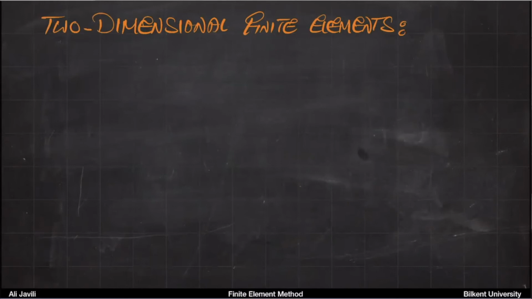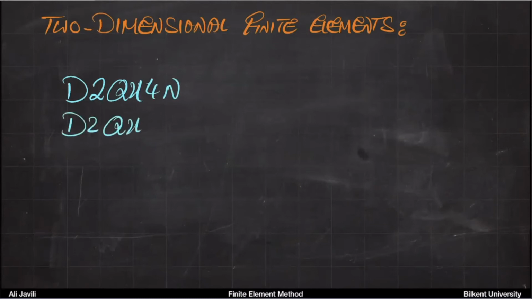So there is this thing that we just talked about, and we will talk after the break about that in more details, but this is the one. So this is D2QU4N. Then we have D2QU, let's say 8N, sorry, 9N.